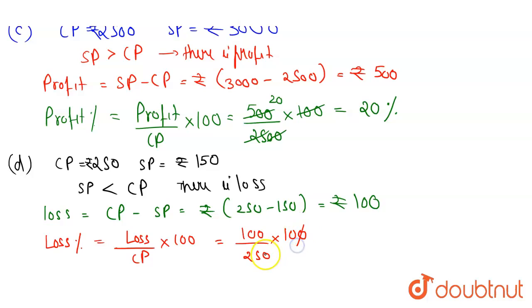From here the 0 gets cancelled out, and this is equal to 1000 divided by 25. As you know, 25 times 40 is 1000. So this is equal to 40%. That means there is a loss of 40%. So this completes our solution.